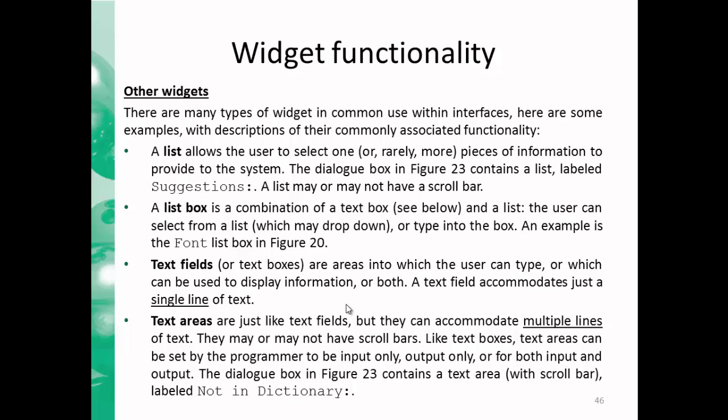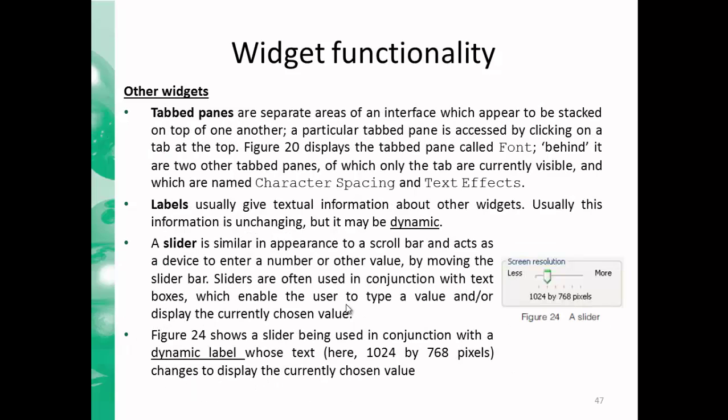A list box, which is a combination of text box and a list. Text fields or text areas, which allow users to input text into the system. We have tab panes, labels, sliders, and more components.